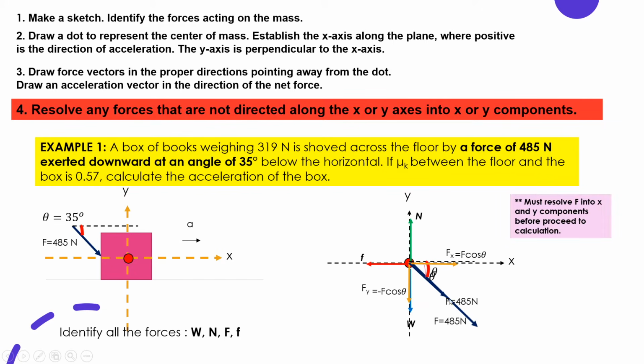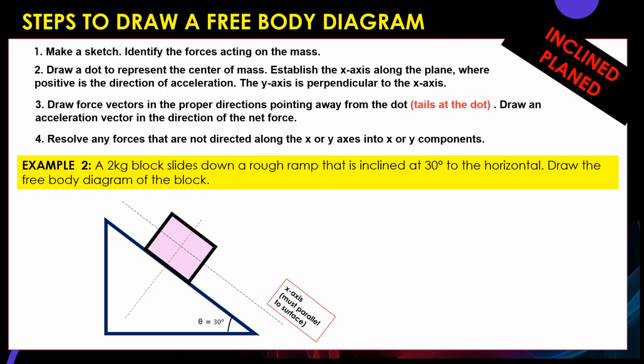So we have F in this direction. And from the tail, for the x component, it should be to the right. So Fx is F cos theta, and Fy is downward, F sin theta. For the downward direction, we take it as the negative direction. So we need to resolve first what Fx and Fy are before we proceed to the calculation.